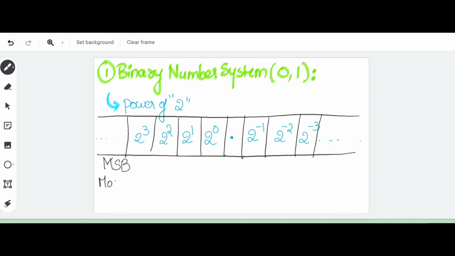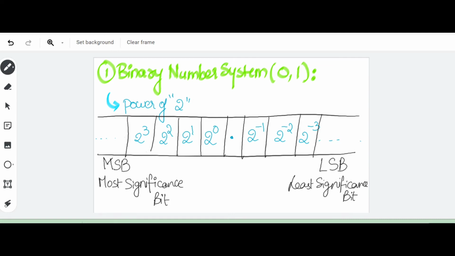The next one is LSB, which is the least significant bit. So this is about LSB and MSB.